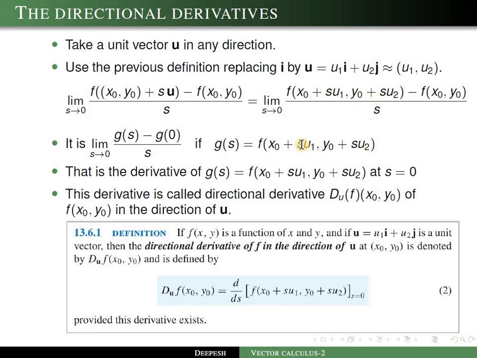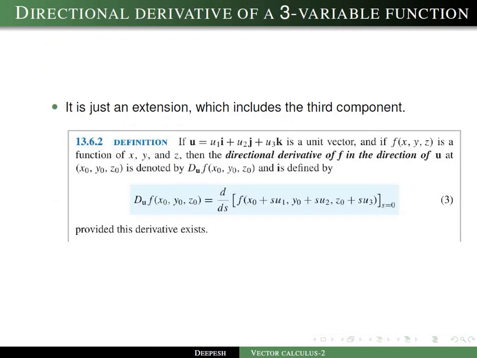So the same idea will be used in deriving an expression for the directional derivative in terms of the gradient vector. So for a three variable function, D_u f at x naught y naught z naught is equal to the derivative of f of x naught plus su1, y naught plus su2 and z naught plus su3 evaluated at s is equal to 0.